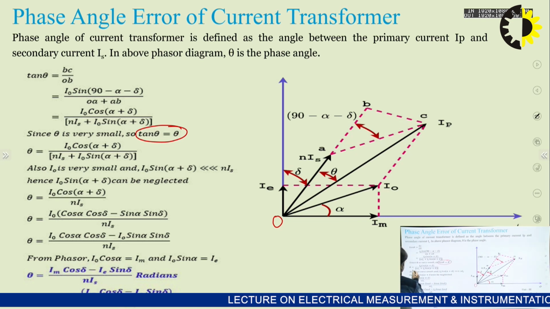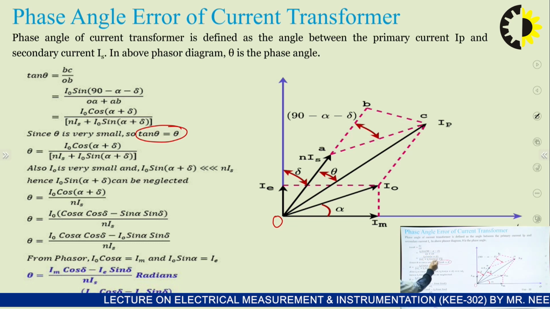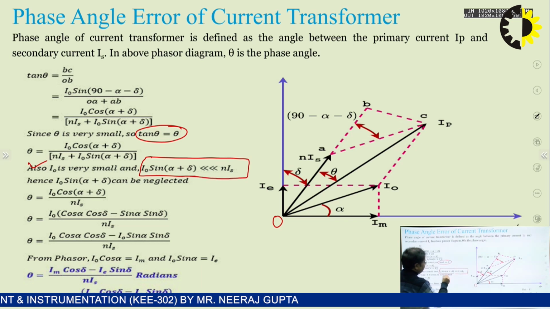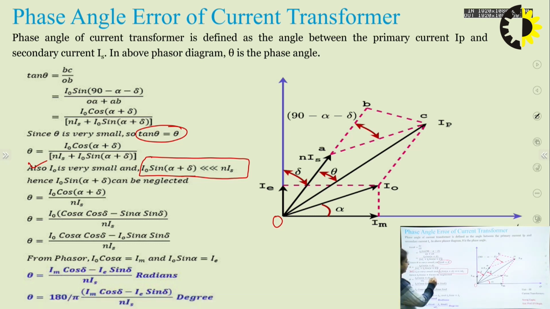So theta becomes I naught cos alpha plus delta, because sine 90 minus alpha minus delta becomes cos alpha plus delta. And if we put the value over here, again the same assumption: I naught is very, very much less than n times IS, that is the counterbalancing component of the current. Hence it can be neglected because it is in the denominator.